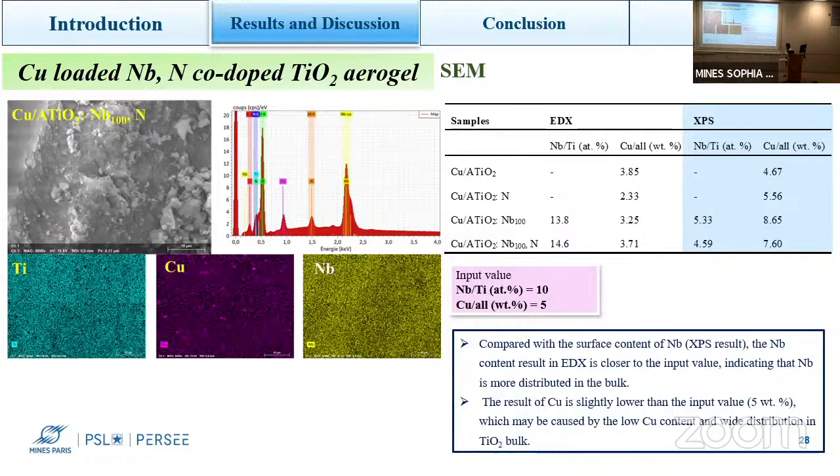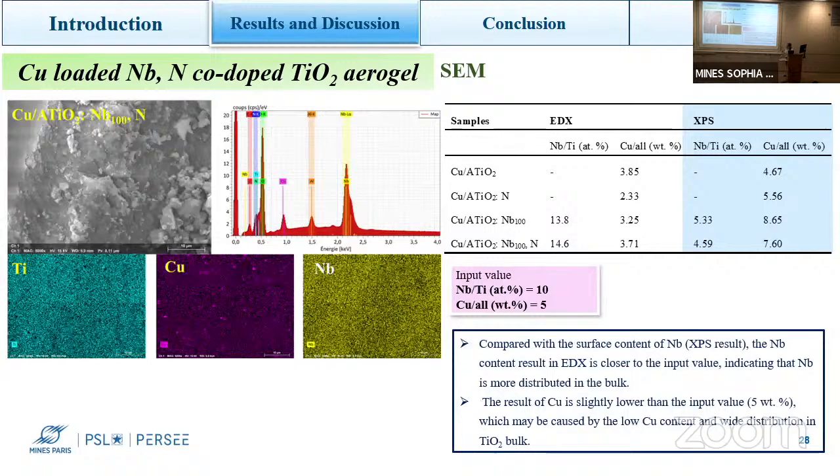This is maybe due to our loading amount of copper being quite low, 5%. That's why EDX maybe doesn't detect very accurately, and our copper result is lower than expected.